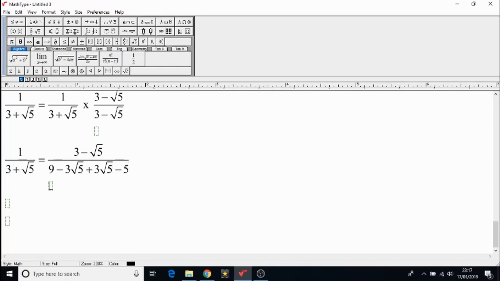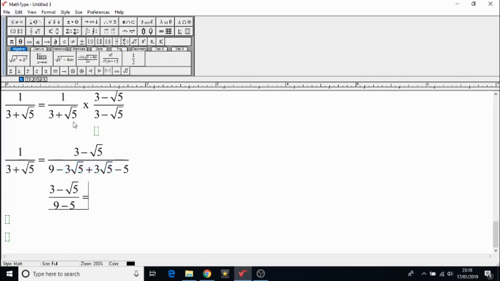So as you can see, the roots cancel each other out. Minus 3 root 5 plus positive 3 root 5, they cancel each other, it becomes 0. So now you have 3 minus root 5 over 9 minus 5, because these two cancel out, becoming 0.